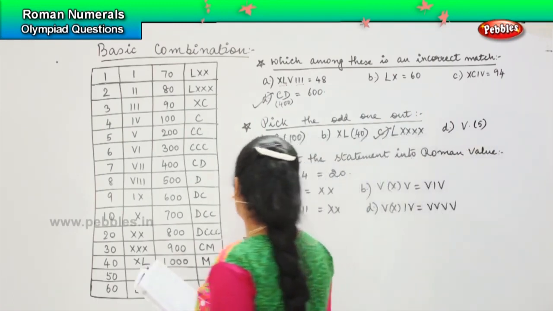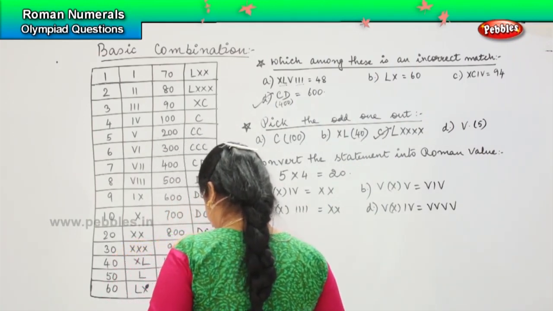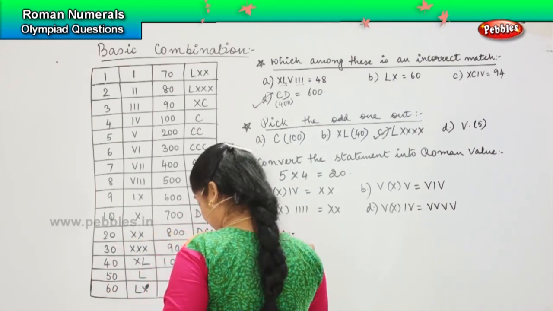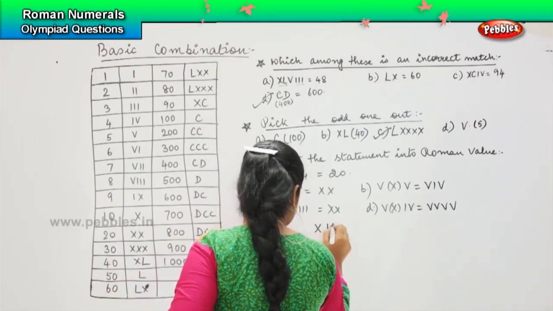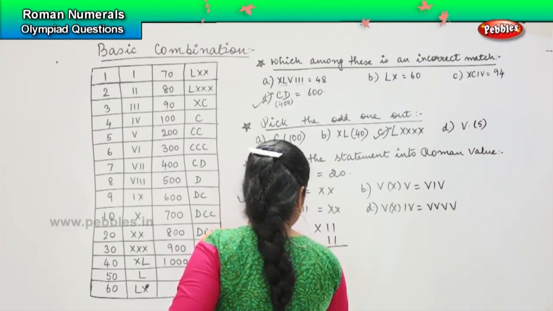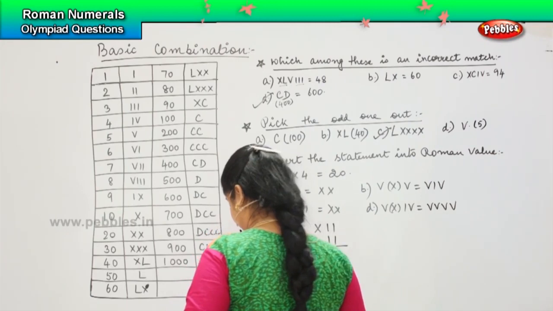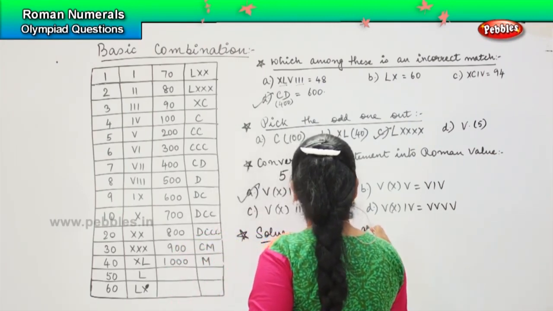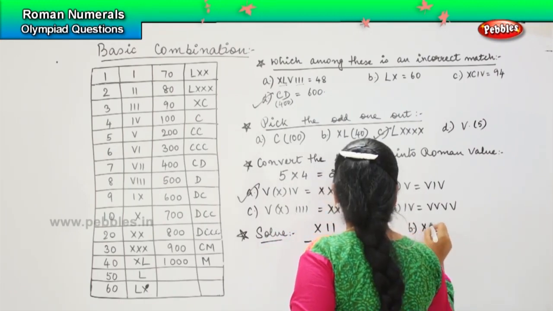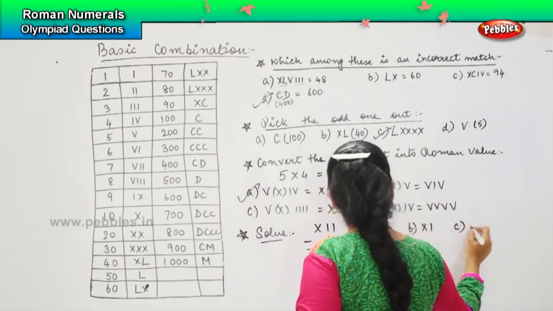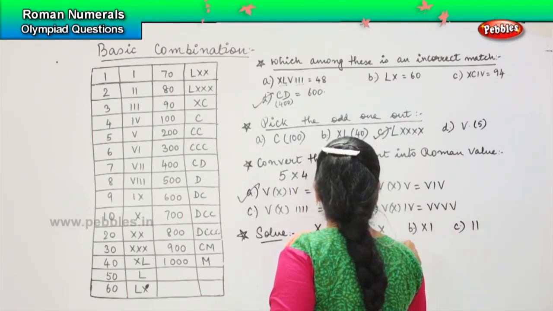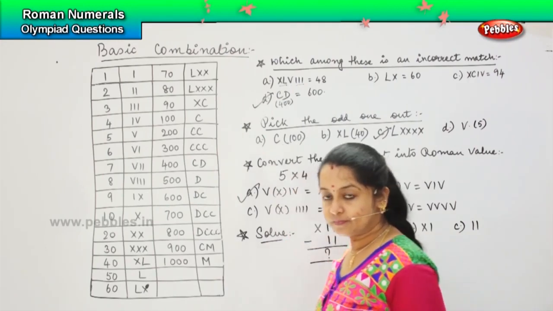Okay. The next question is, solve XII minus II is how much? Your options are A, X, B, XI, C, 2I, and D, X followed by 2 I's.